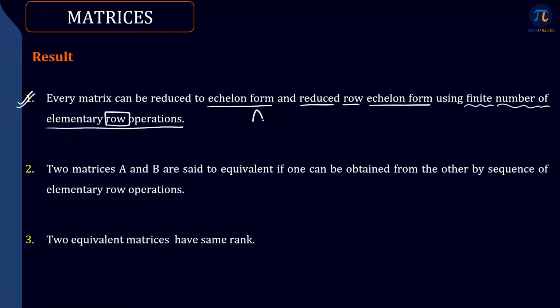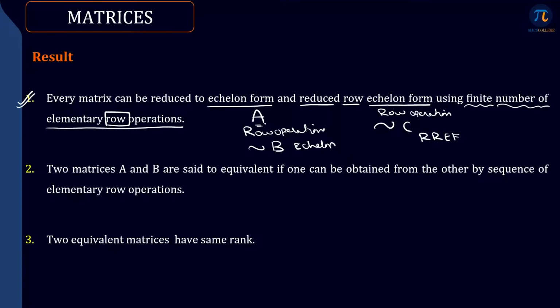That is, suppose you have a matrix which is not in echelon form or not in reduced row echelon form, using row transformations or row operations, you can convert it to a matrix which is in echelon form. Again, this can be converted to reduced row echelon form using row operations.